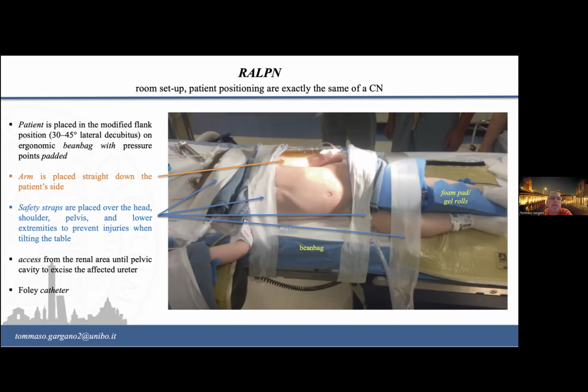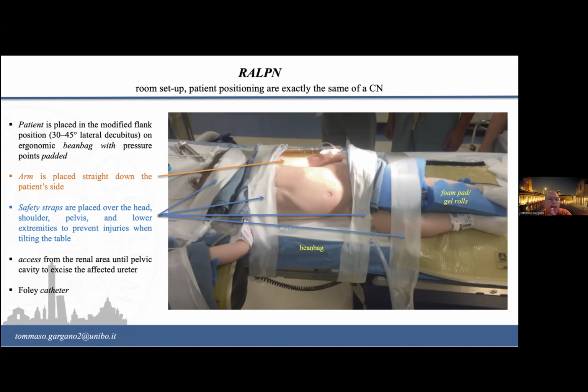In the case of surgery on the left side, the left arm is placed straight down the patient's side, to avoid injuries during movements of the robotic arms. Safety straps are placed to cover the head, the shoulder, the pelvis, and the lower extremities in order to prevent injuries when tilting the table.